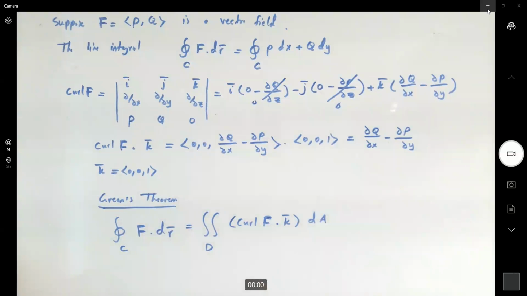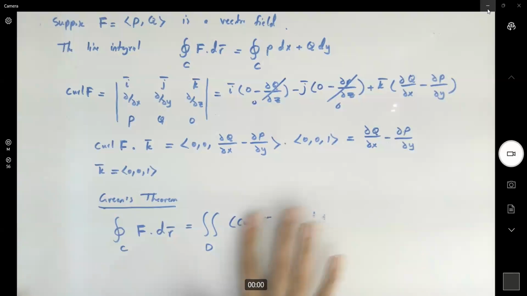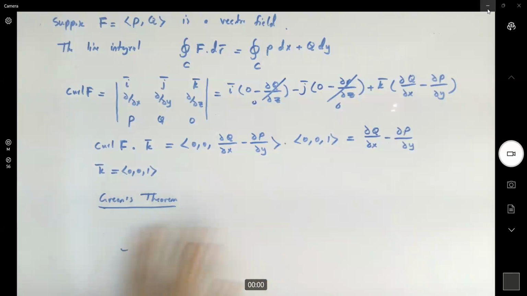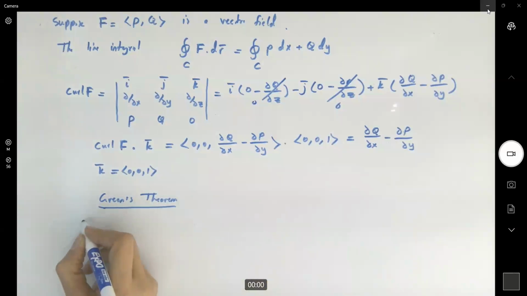Another important note for you. I'm going to write this down a little bit further here. I need a little bit more space. So Green's theorem using curl. We have the line integral.